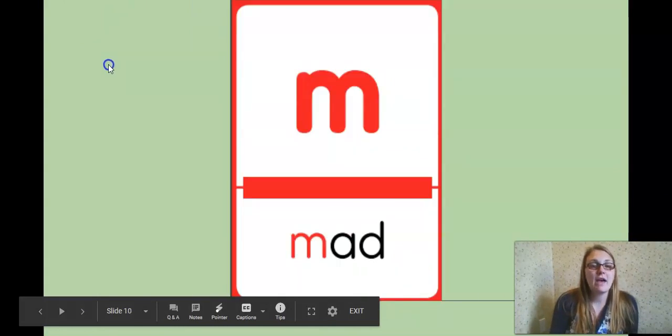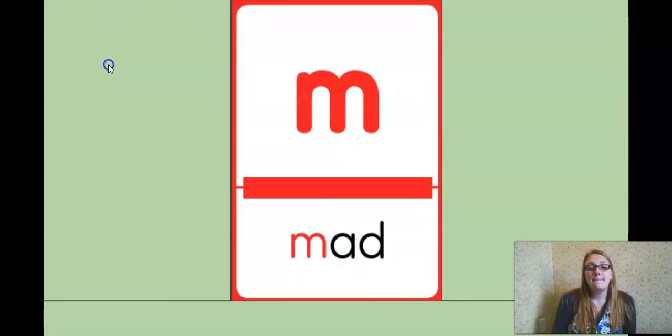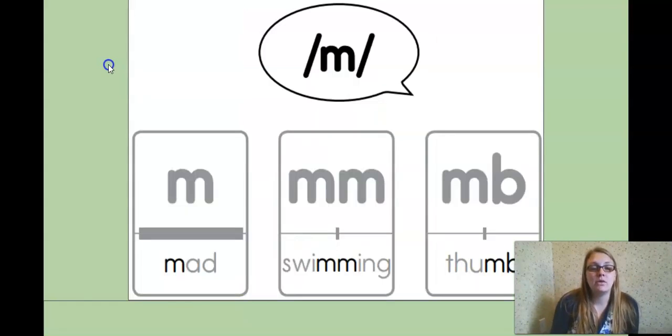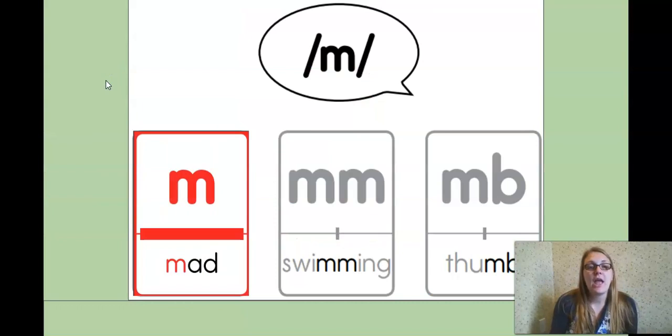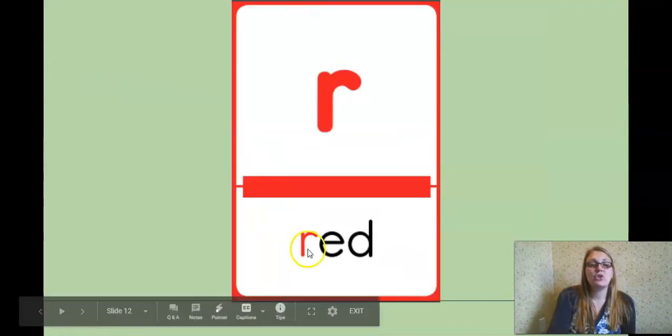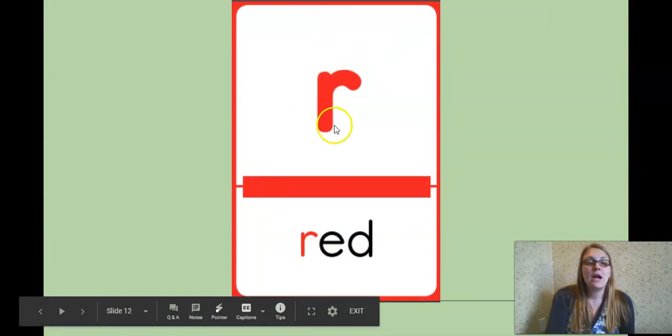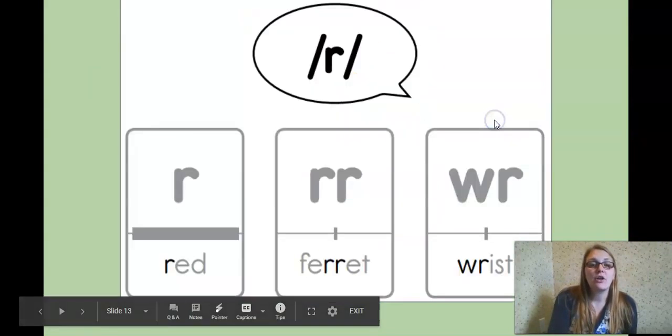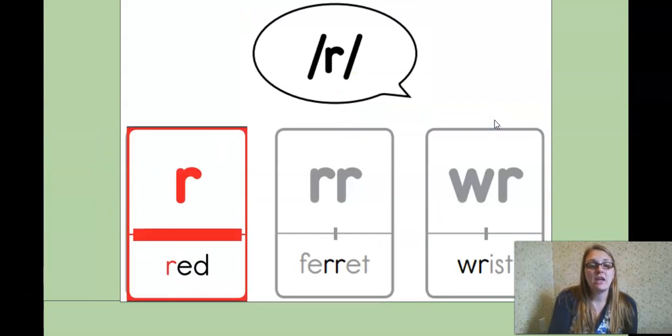Then we have M, like in mad. Most often it will be spelled with the letter M. Next, red, most commonly spelled with the letter R. One single R will give us R for red.